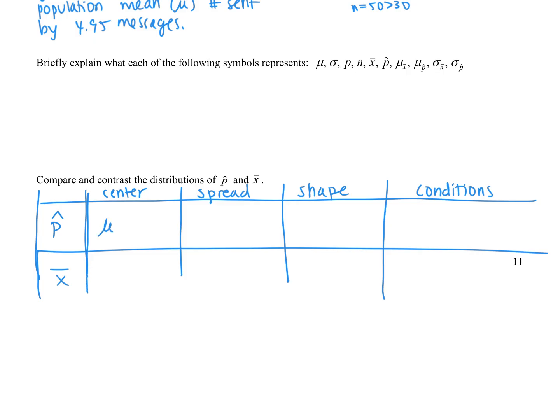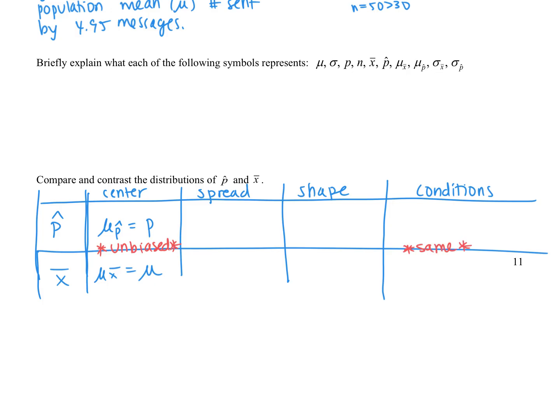Okay, the mean of P hat is equal to the population proportion. The mean of X bar is equal to the population mean. Right? That's pretty much the same idea. That's because both are unbiased. The condition is also going to end up being the same.